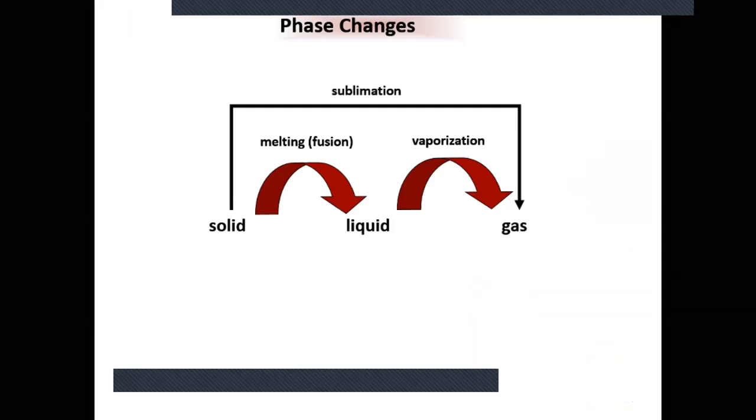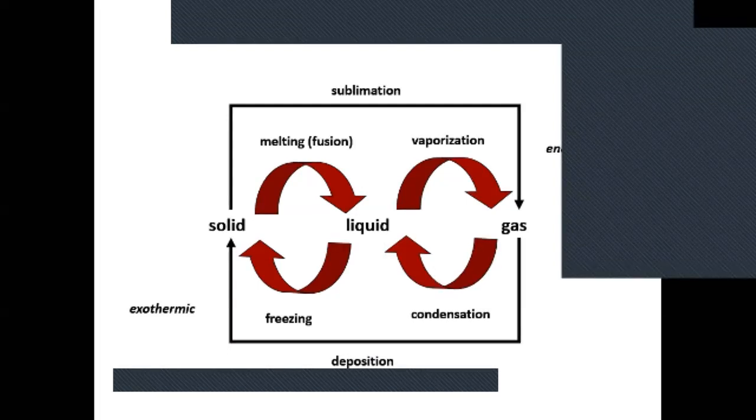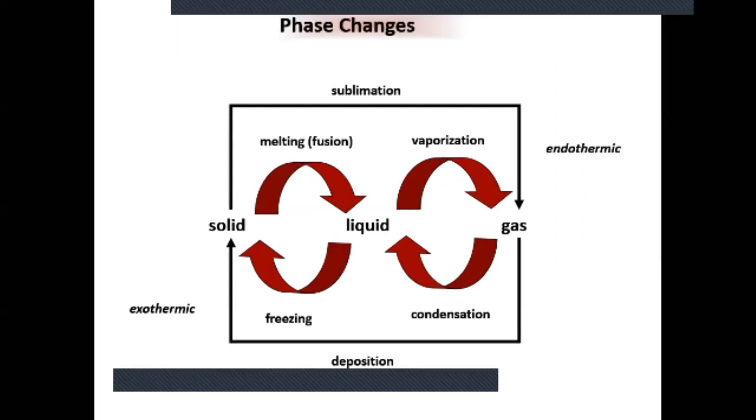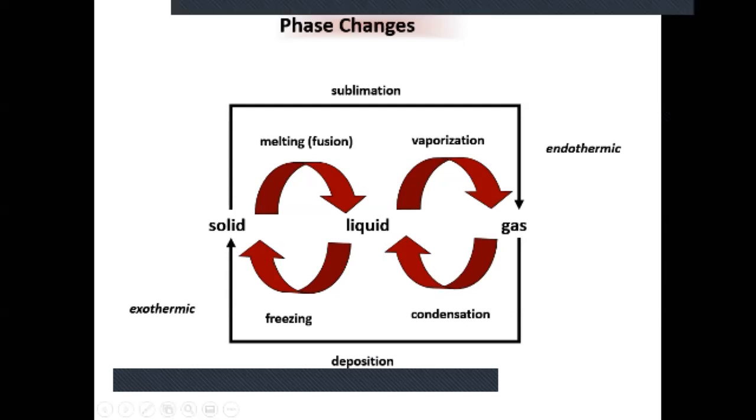So with phase changes, we have some phase changes that are endothermic, meaning they require you to absorb energy. And we have some that are exothermic phase changes, which means they release energy to go to the different phases. So on top, we have the endothermic phase changes.